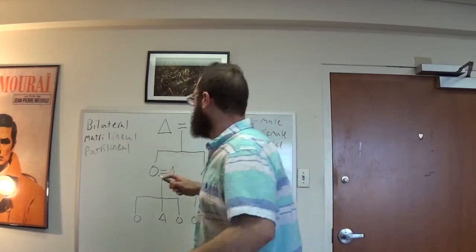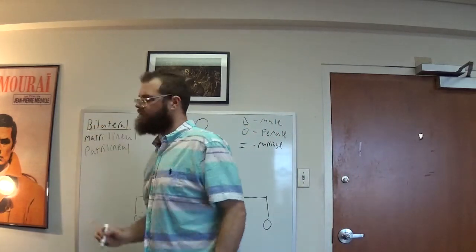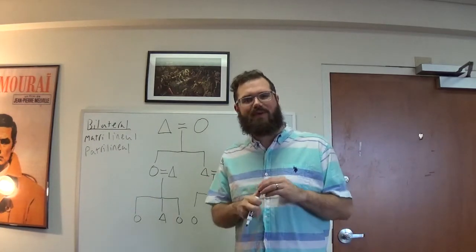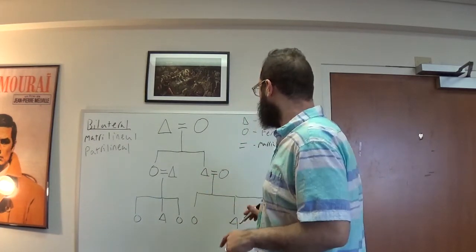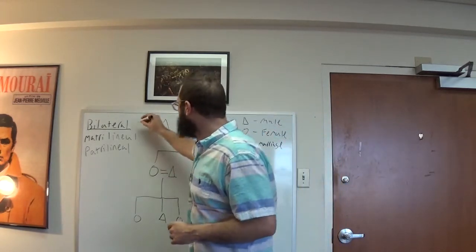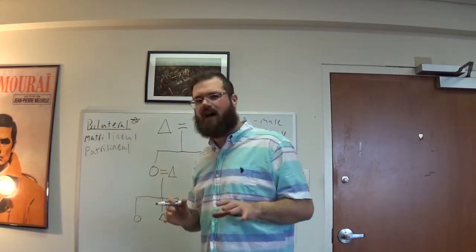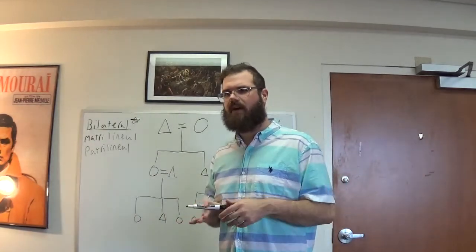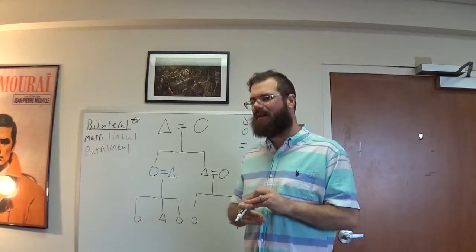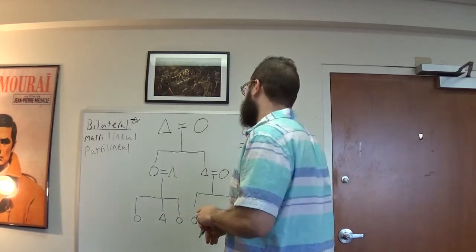We exist within a bilateral system, which means that if we want to understand who we're related to, we're essentially related to everybody on both sides. Bilateral systems of descent are not actually all that common. Often the people that we would consider relatives are not relatives in other places and in other times.